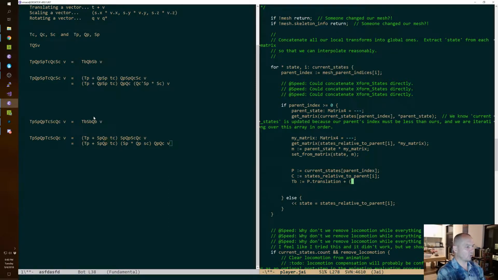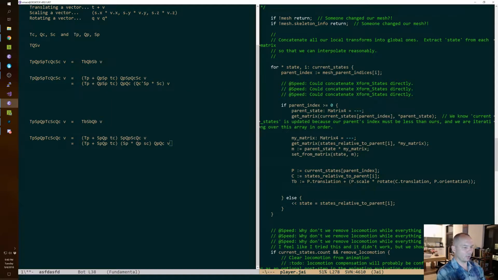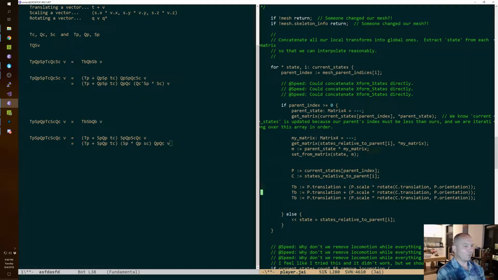Whereas 10 years ago, I would have said no, you don't have an overload for times because it's too messed up. All right, so that being the case, we'll say it's p.scale times rotate c.translation by p.orientation, right? Is that going to compile so far? Yep. Okay. So that's our translation overall. We could even just get both matrices to start with and print them out.